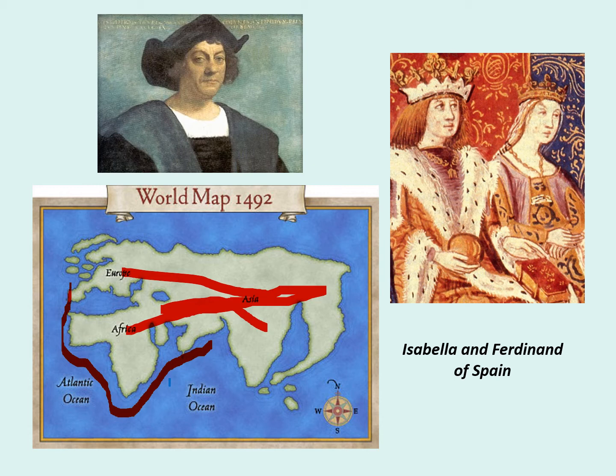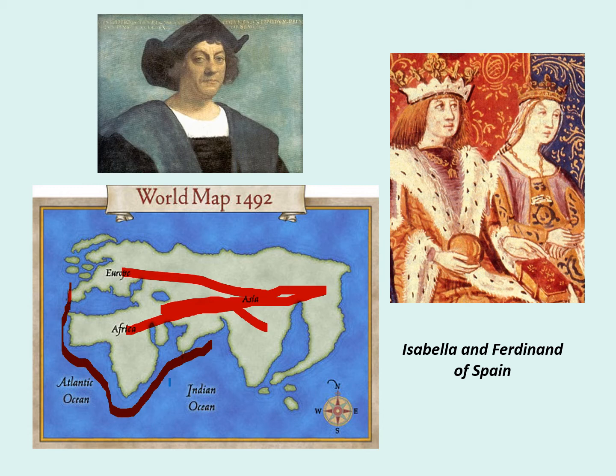Christopher Columbus was a sailor and map maker from Italy. He was described by those who knew him as supremely confident and irritatingly conceited.